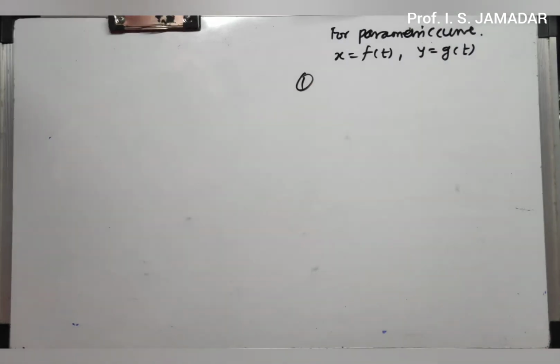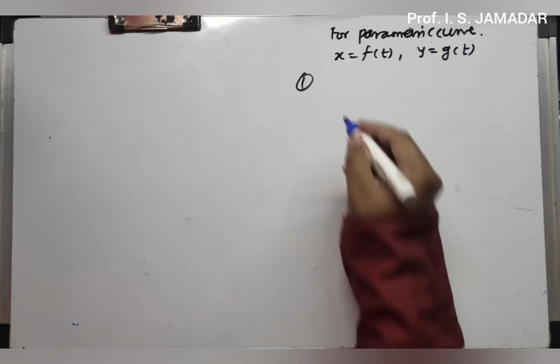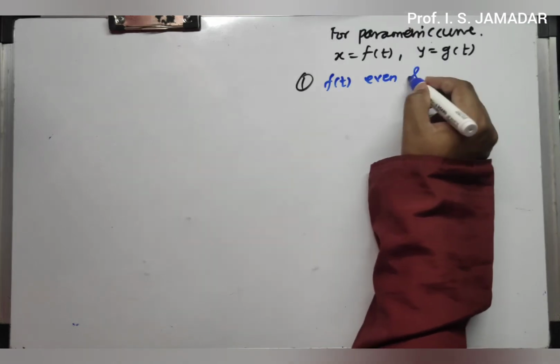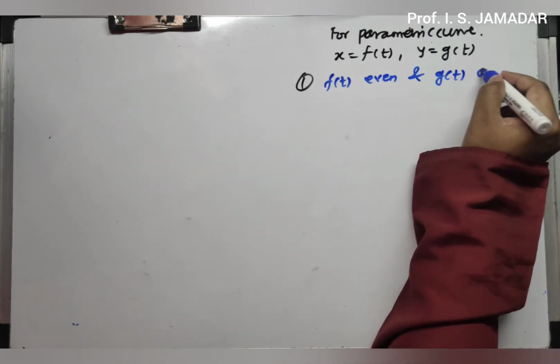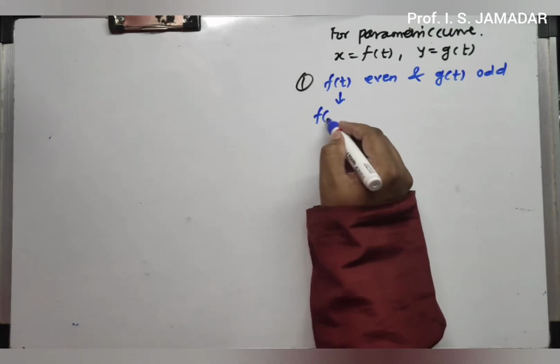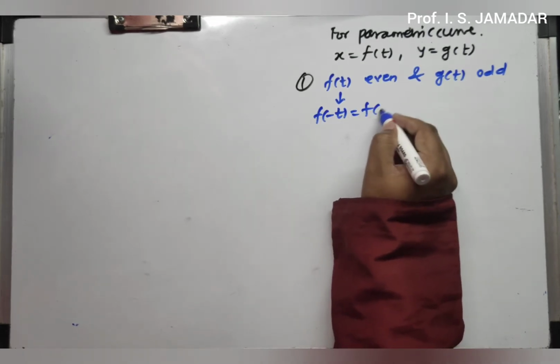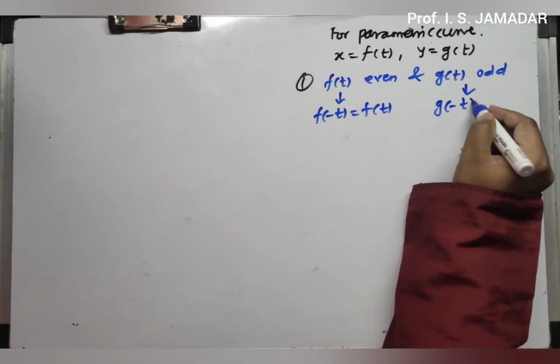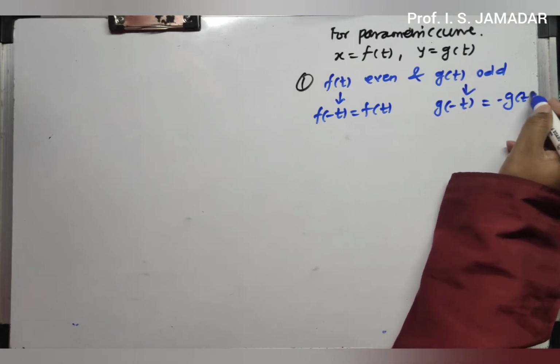Rule for symmetry, first we have f of t even and g of t odd. Now what does that mean? F of t even means f of minus t is equal to f of t, and g of t odd means g of minus t is equal to minus g of t.